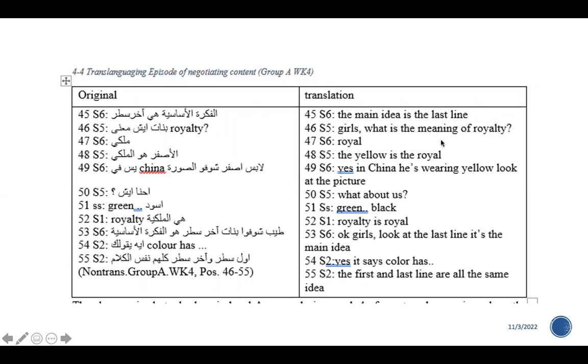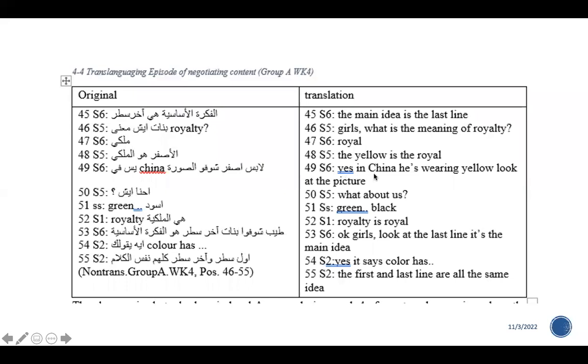What's interesting is that they do not know the meaning of royalty. So S5 here asks the girls, what is the meaning of royalty? And then S6 tries to untangle that by saying royal. The yellow is royal because there was a picture of the Chinese emperor.